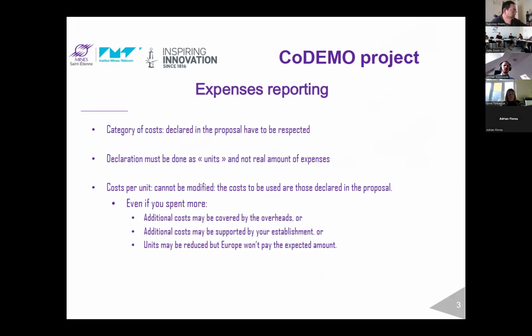All the declarations must be done as units. And I saw that some of you declared the real expenses, but in fact, you should declare that an event or a travel took place, and you need to put 1 in the unit column when it is done. For the cost per unit, also, you should stick to what you declared in the proposal. So you're not supposed to change this amount of cost per unit.